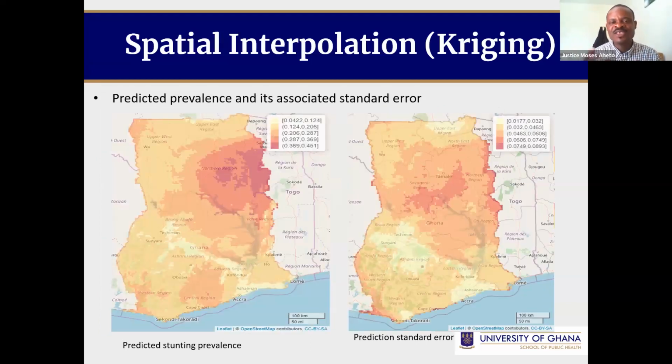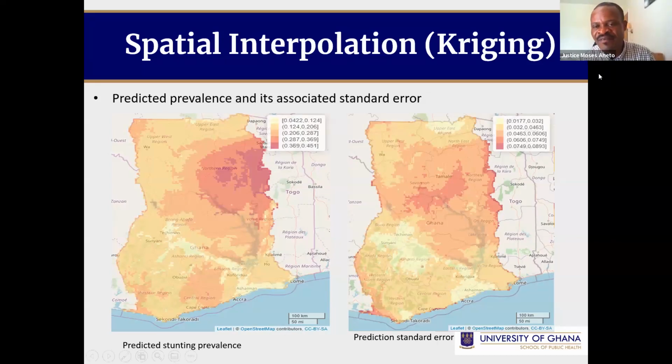Okay, so just as we do predictions, you also have to take into account the uncertainties around your predictions. In fact, no prediction is exact. In life, no process is exact. So when you are predicting, you need to take into account the uncertainties around your prediction. Here, I just repeated the prediction that I showed you earlier. That's the predicted stunting prevalence. Then on the right side, I showed you the standard error for that prevalence.